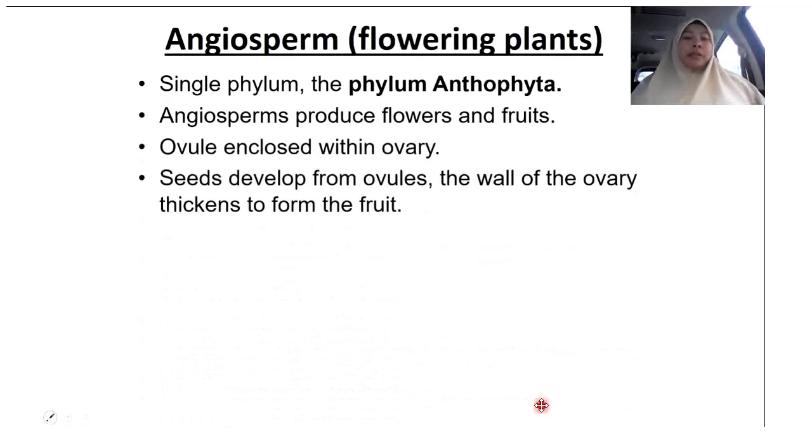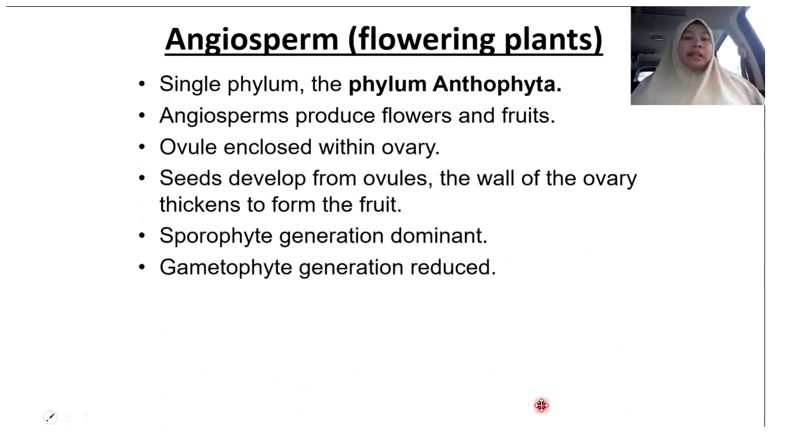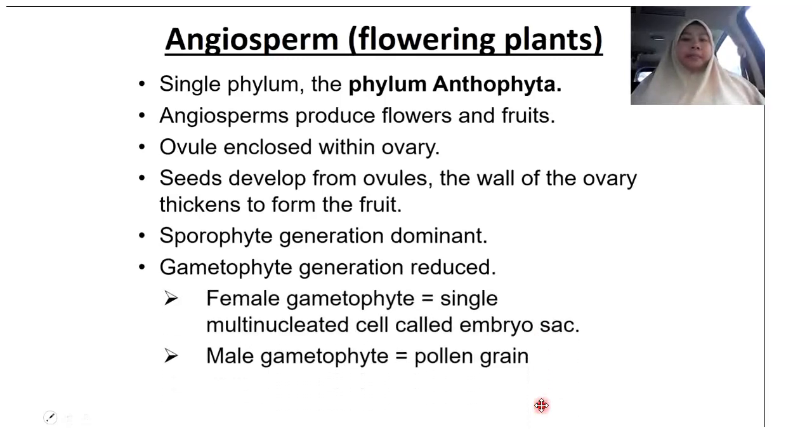Okay, next we go to angiosperm. For angiosperm, or the flowering plant, there is only a single phylum, which is phylum Anthophyta. Angiosperms produce flowers and fruits, not like gymnosperm, and of course the ovule is enclosed within the ovary. In other words, the seed is covered with the ovary wall.